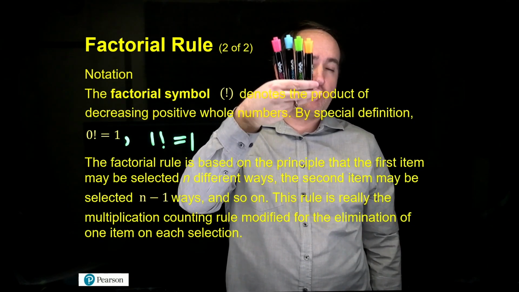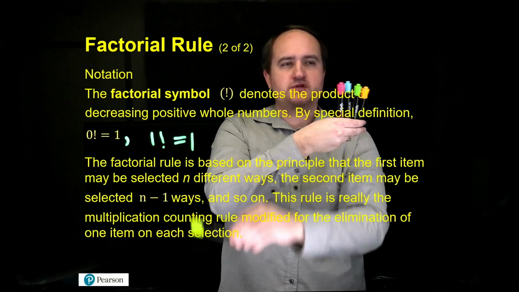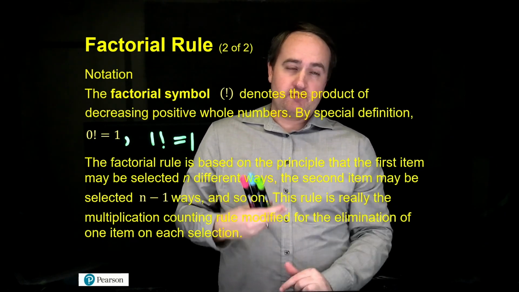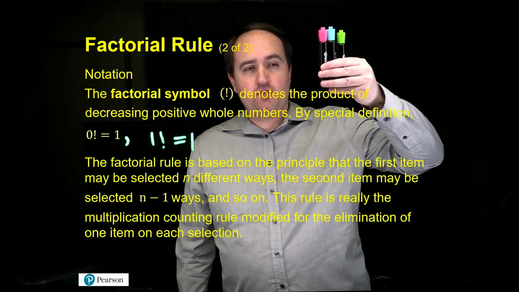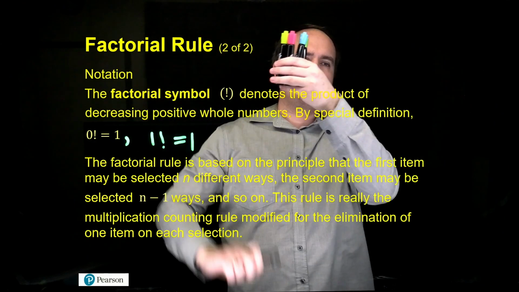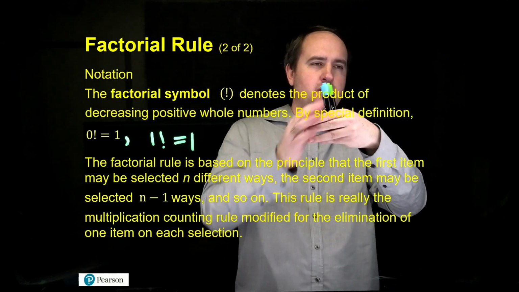Well, I only have 4 left because I've already assigned this marker to the first position. Okay, and then after I've picked my second marker, for my third marker, I only have 3 left. So it's 5 markers times 4 markers times 3 markers times 2 markers times 1 marker.